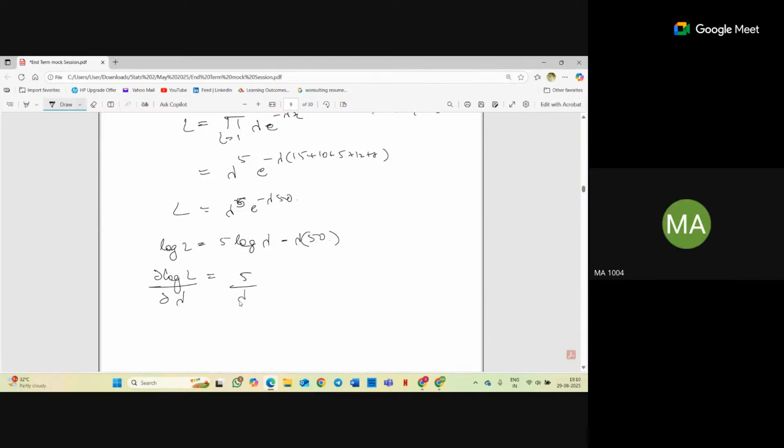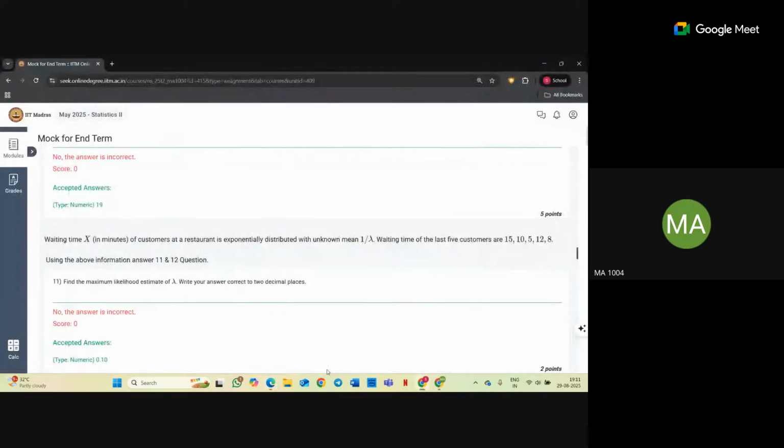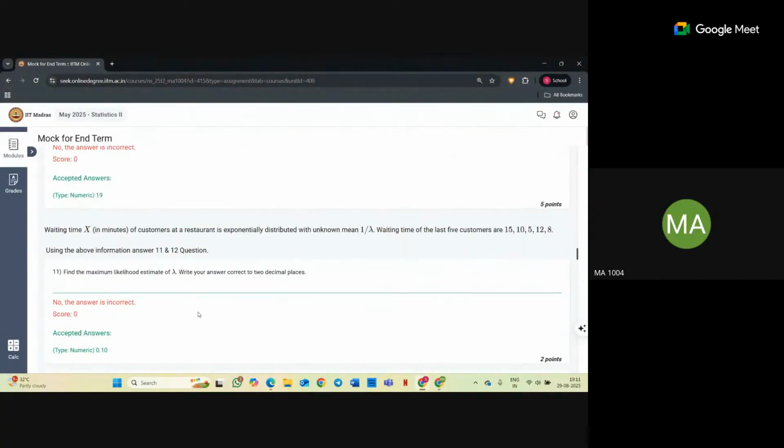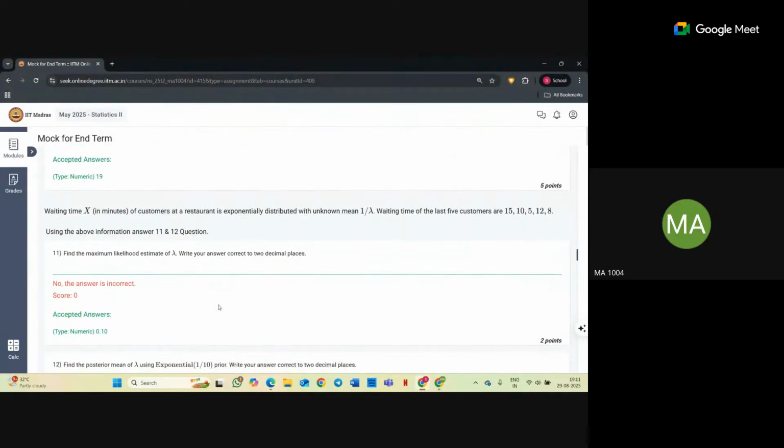So this will be 5 by lambda minus 50, and this is equal to 0. So lambda will be 5 by 50, which is 1 by 10, 0.1. By the method of maximum likelihood, we got the estimate as 0.1. Is the question clear?